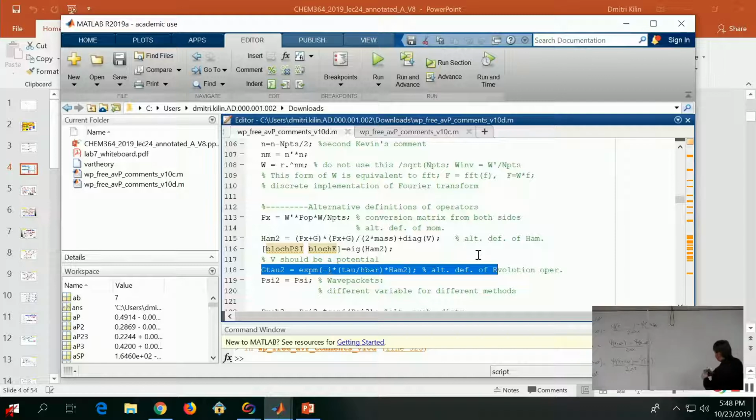So, assume that I have a vector that consists of psi of x, psi of x minus delta x, psi of x plus delta x, and it goes further, psi of x plus 2 delta x, psi of x minus 2 delta x. Okay, I can do it.